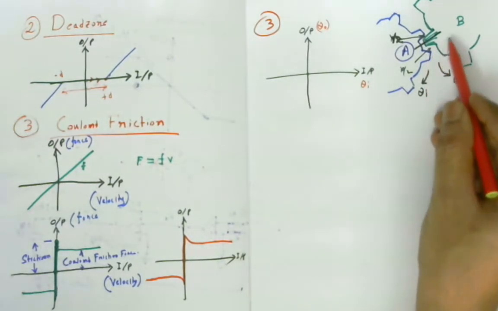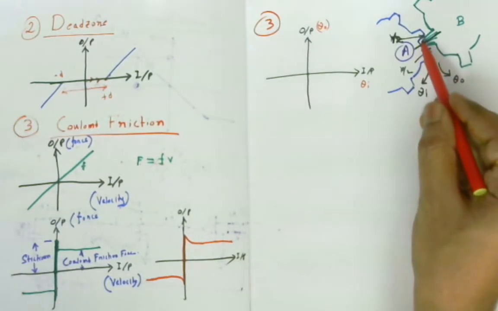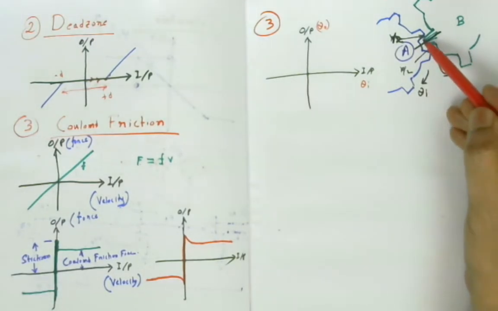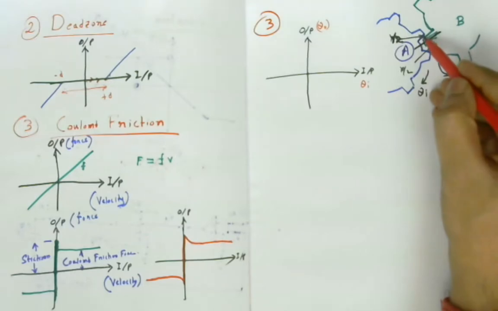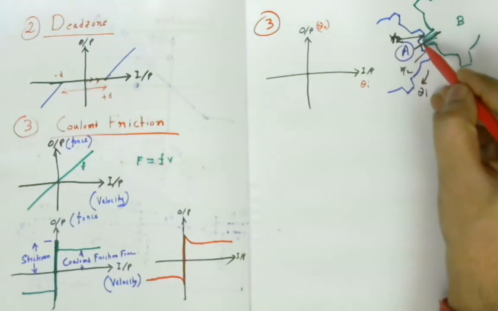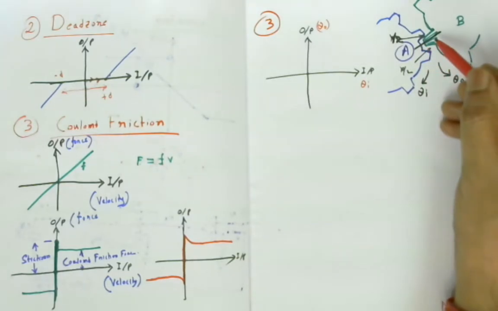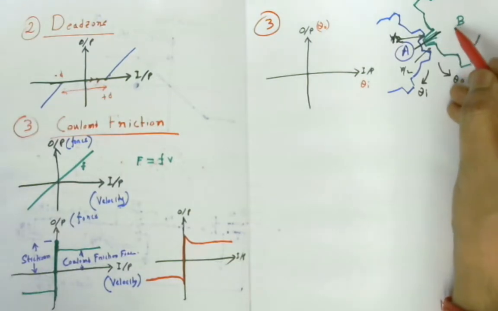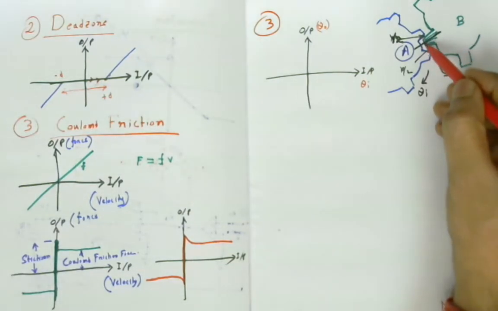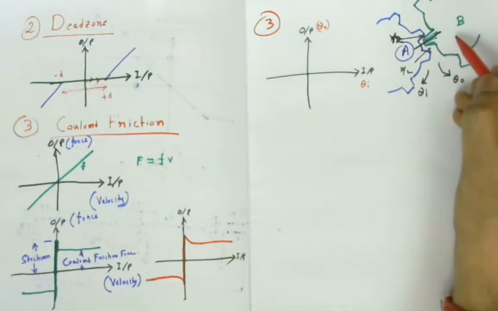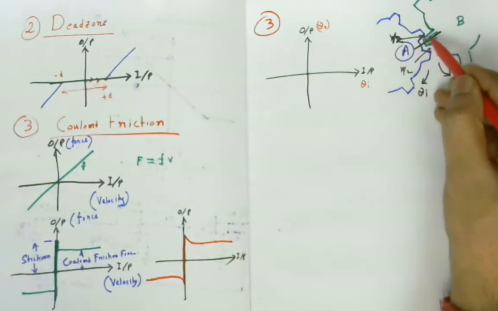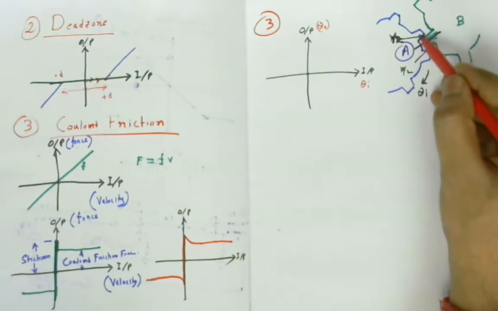But before the B gear moves, there is a gap. You see, there is a gap. So the A gear has to move at least b by 2 distance to move the B gear, because initially the B gear was exactly at the middle between the teeth of the A gear. For the movement of the B gear, the A gear has to touch the B gear on that side.